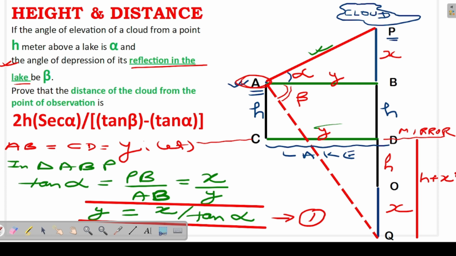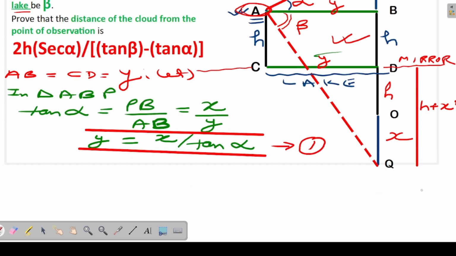Now just rename it as equation number 1. Now let us go to the second triangle, which is triangle ABQ, the bigger one. We will use the reflection of the cloud, which is at Q. That's why we considered ABQ, right?